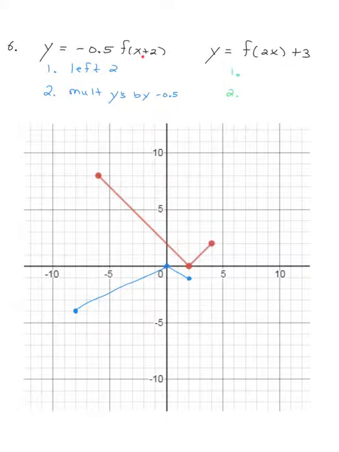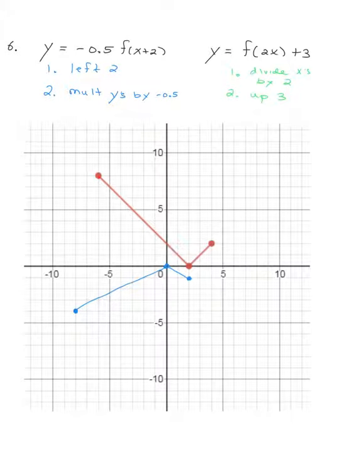Just like over here, adding actually meant to go left 2 instead of right 2. Here, if you're multiplying the x by 2, the net result is going to be to divide each x value by 2. So we're going to divide the x's by 2. The last thing is this plus 3, which means go up 3 places.